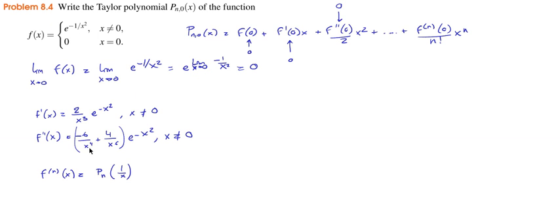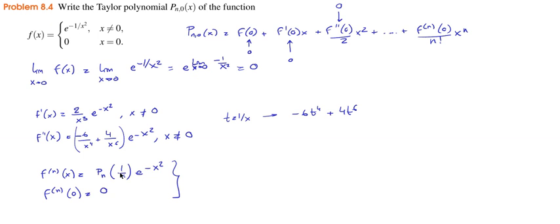Instead of having x, we have 1 over x. Think about the variable t equals 1 over x, then this thing is minus 6t to the 4 plus 4t to the 6. So this is a polynomial in t, right? A polynomial that's multiplied by this e to the minus 1 over x squared, and in every case, the limit at 0 is going to be 0, right?